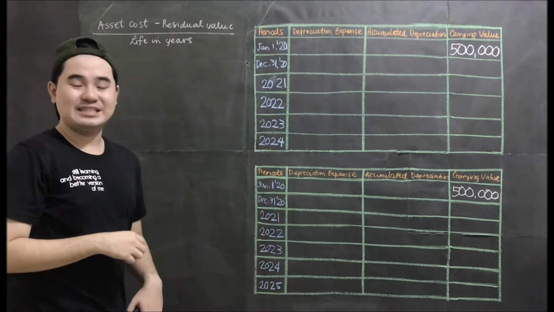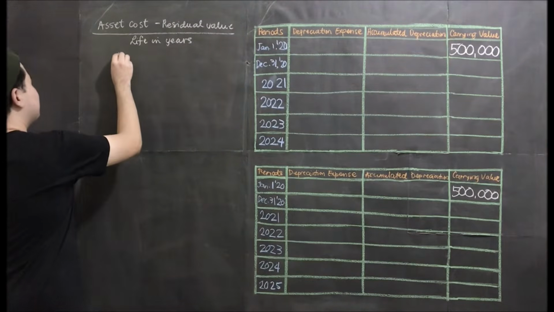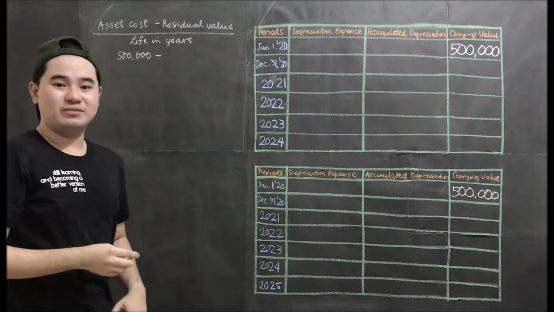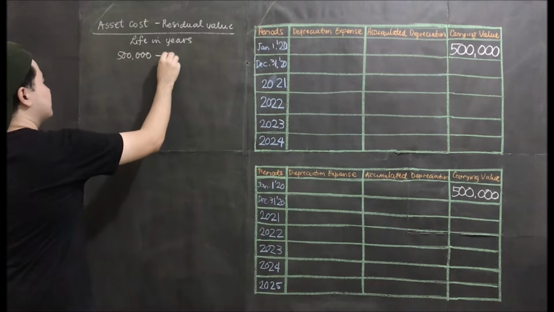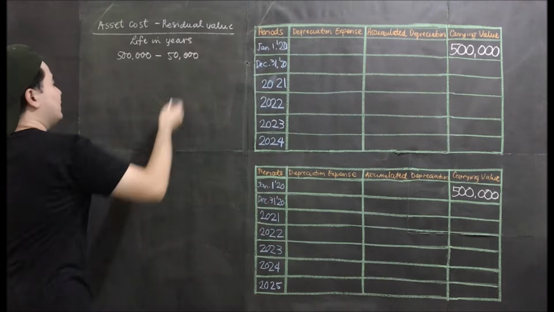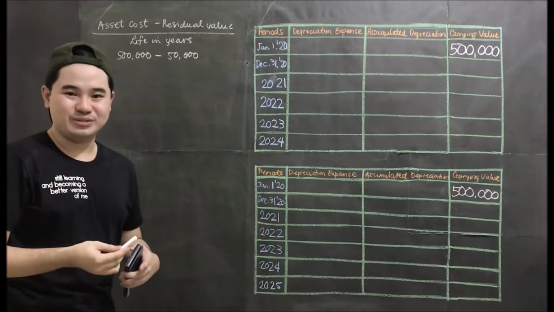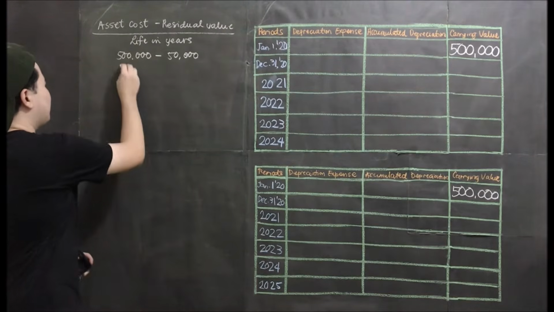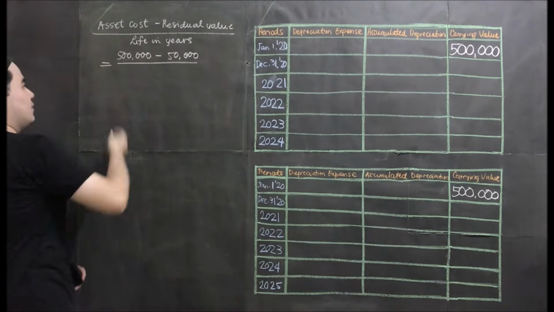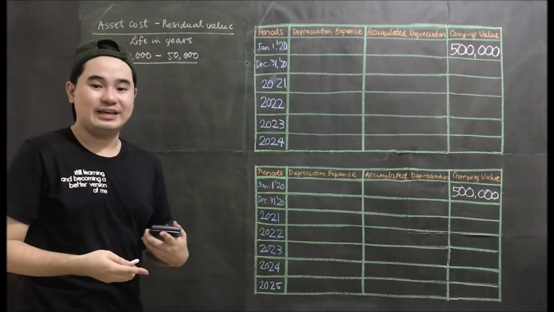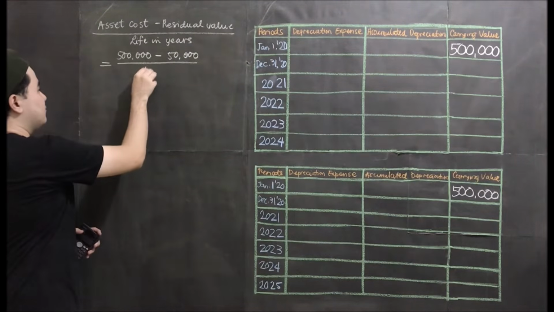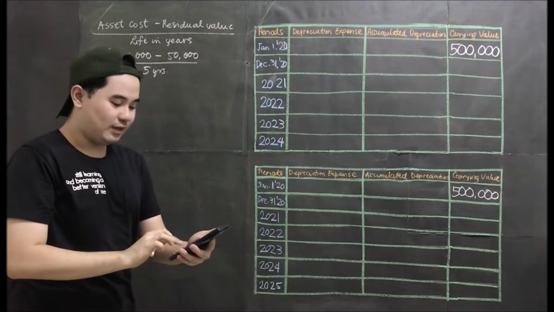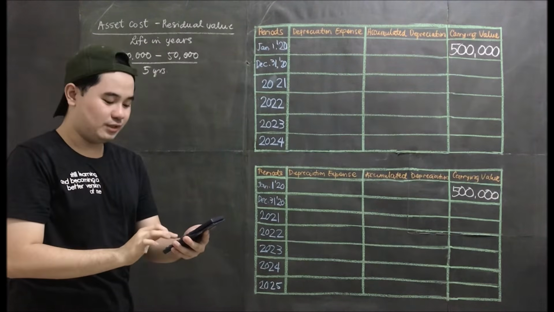So the cost of the asset is 500,000 minus the residual value, which is 50,000. The difference between the asset cost and the residual value is what we call the depreciable amount. So we divide it in the life in years, which is 5 years. Okay, so 500,000 minus 50,000.